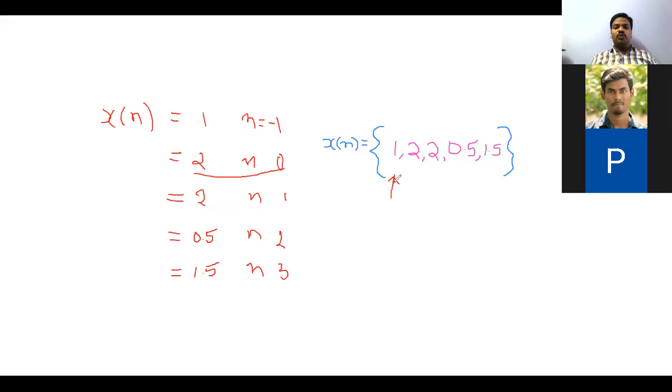That means you need to consider the arrow at the first point. If the starting point has not been mentioned in this particular sequence, you need to consider the first element as the starting point. This is the default case.